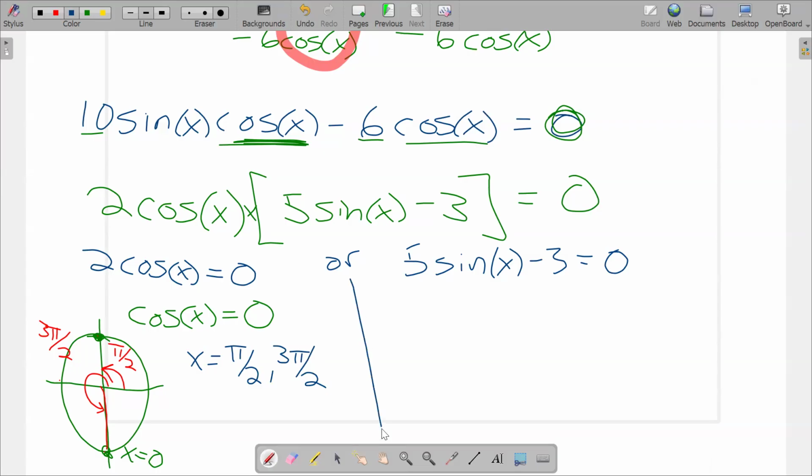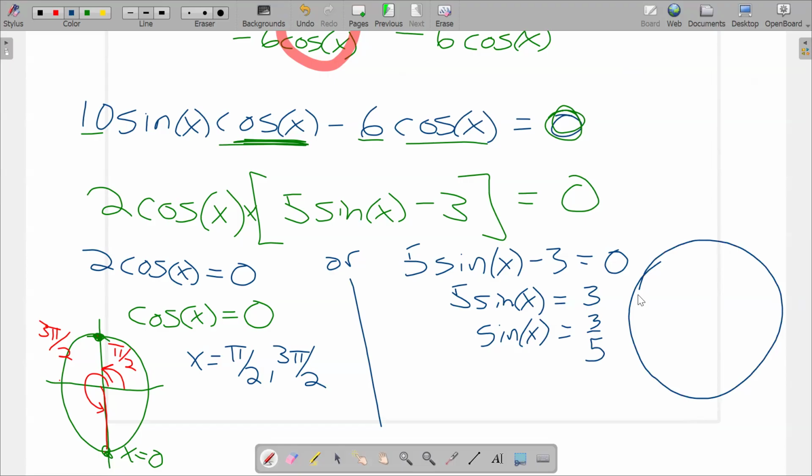On the other factor, we're going to have to add the 3 over. 5 sine of x equals 3, and then divide by the 5. So sine of x is 3/5. Let's see, 3/5 is not a special number related to my special angles.